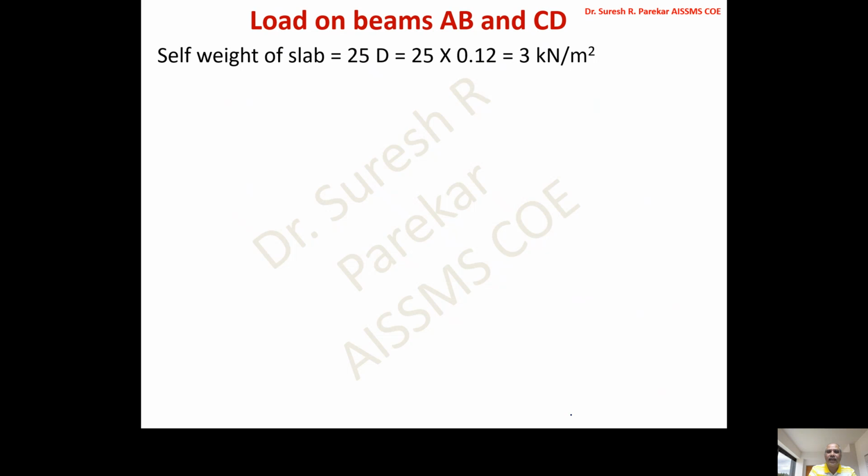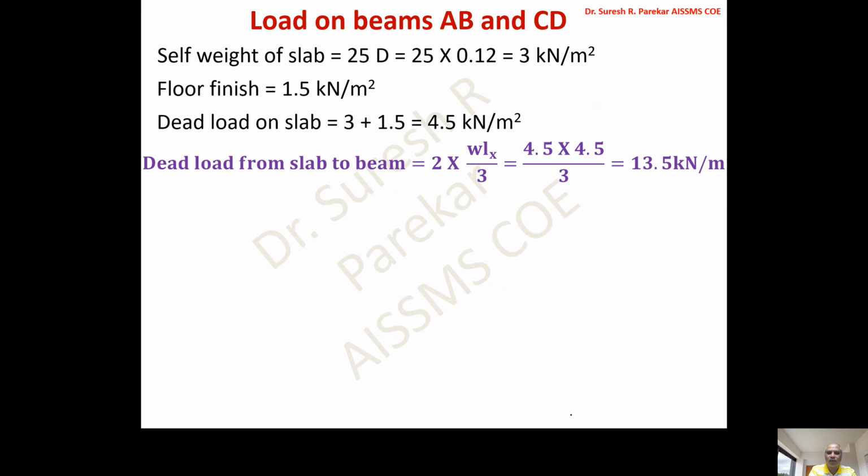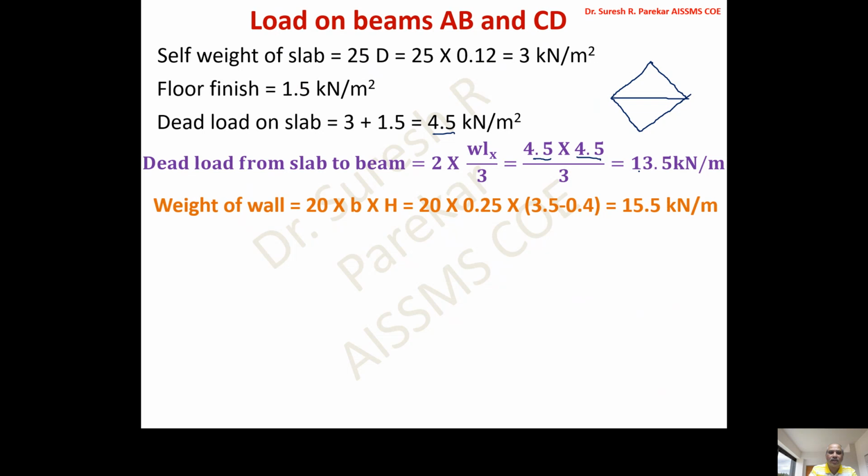So we have 25 into thickness 0.12, so 3 plus 1.5, 4.5. So now we have taken twice because we have the same triangular load on both sides. So we have triangular load on both sides of the beam and therefore we have considered it as twice WLx by 3. So 4.5 that is W, we have wu, and 4.5 span upon 3, 13.5 kilonewton per meter.